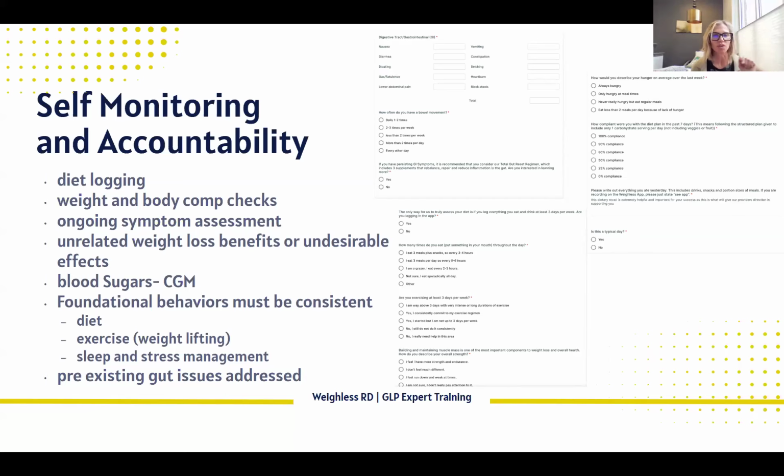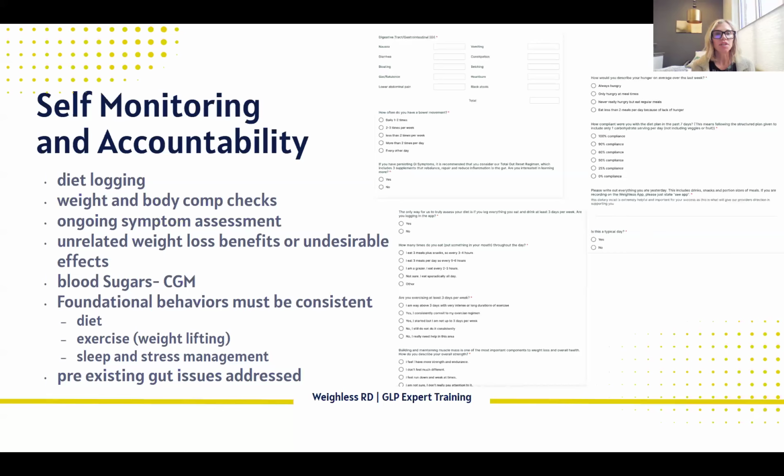I will talk a little bit more about that, and we will be providing you our symptom assessment that we use, but this really is a big piece to monitoring patients on GLPs. You can also consider using CGMs. That can be so beneficial on so many different levels. We did a separate webinar on that with Karen Kennedy.